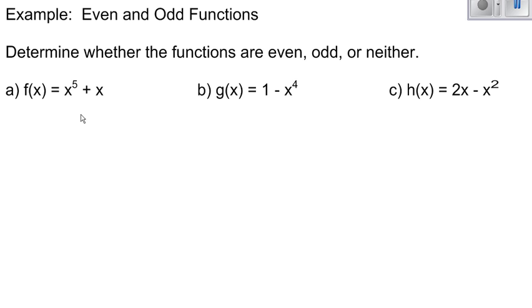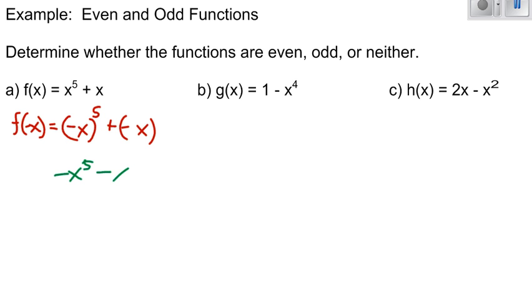So to test if a function is even or odd, we're going to plug in negative x. And make sure you use parentheses, because that's the only real place you can mess up with this. So when you do that, since it's negative x to the 5th, that negative will stay.